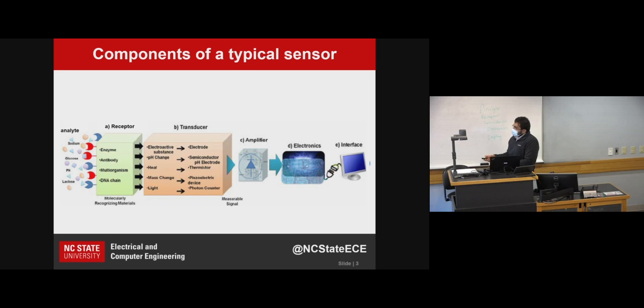Then you have the inbuilt electronics to amplify that signal, because usually the signal is pretty weak. If it is optical, the signal will be so weak that you won't be able to see the difference. So all these electronics help increase the signal to noise ratio. And then finally the interface to basically see it.